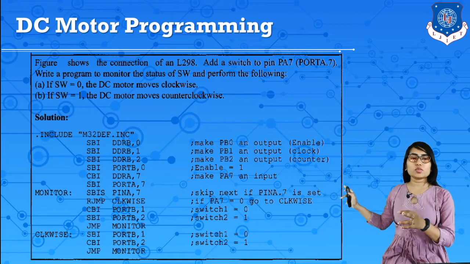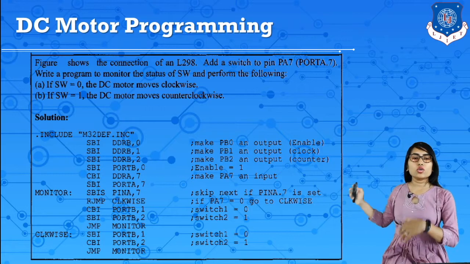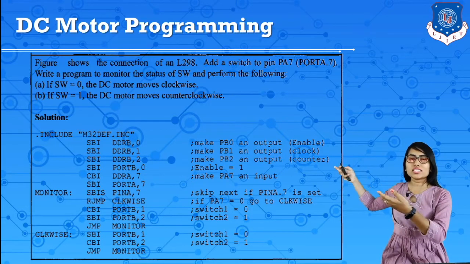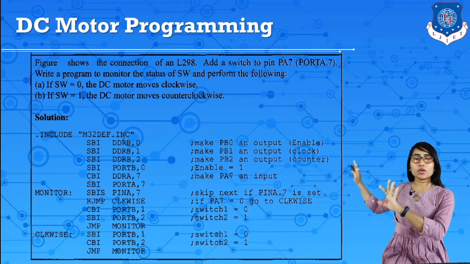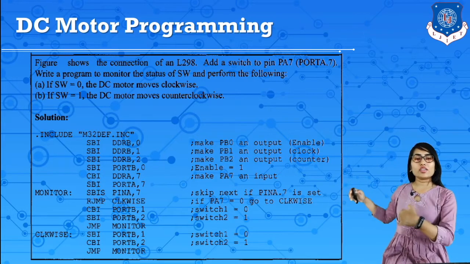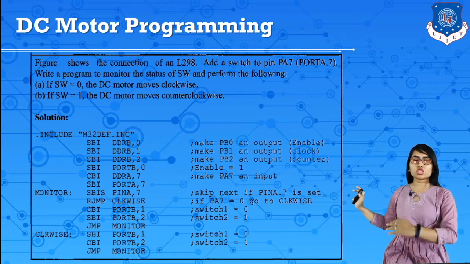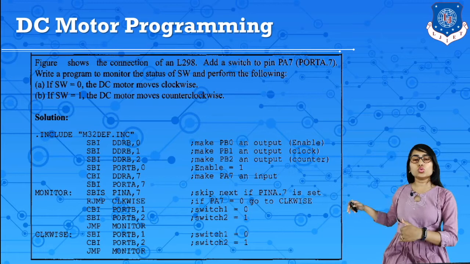So with SBI and CBI, we set and clear the bits. This is how we can perform either anti-clockwise or clockwise. When switch 1 is 0 and switch 2 is 1, it performs clockwise, and when switch 1 is 1 and switch 2 is 0, using SBI and CBI, it performs anti-clockwise.